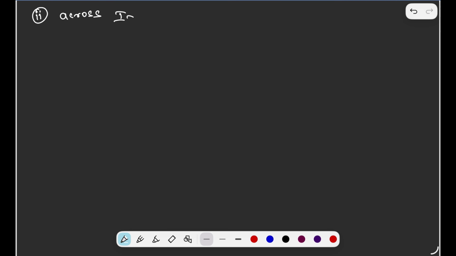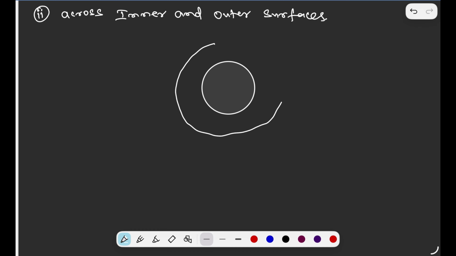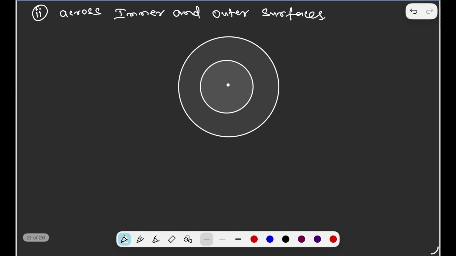Across inner and outer surfaces. For that, I am taking the top view of the cylinder, this is the cross section. If we go up and look from the top, how will it look? The next one is the inner and outer surfaces, these two surfaces.